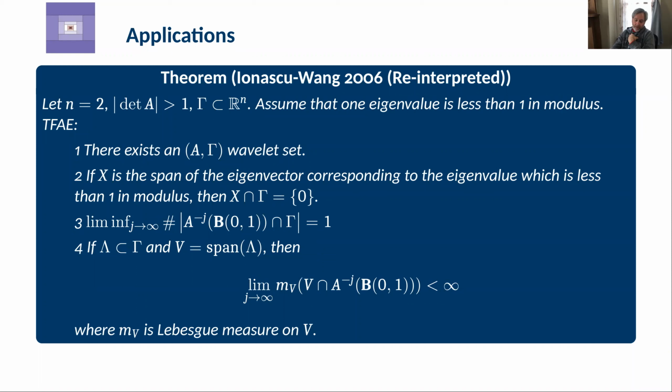And then we also have this measure condition. Let me not say too much about this, but it is now much easier to prove now that we know a lot of these results about divergent trajectories, and we understand better how the negative dilates of A applied to a ball intersect with a lattice.